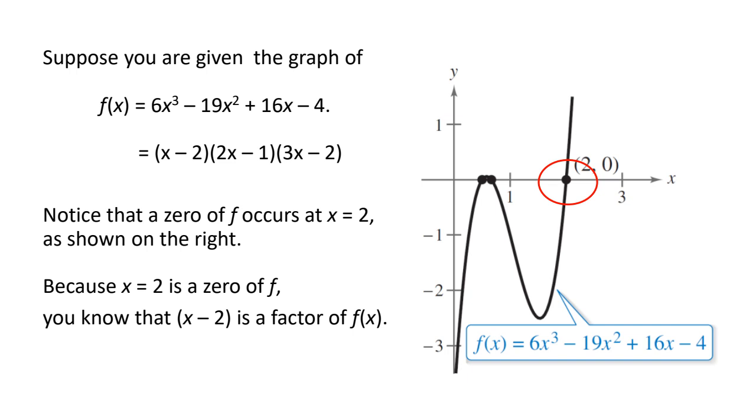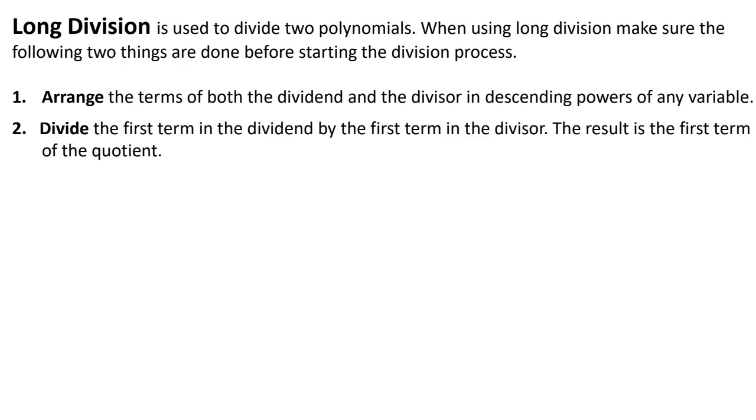Sometimes the functions are easy to either factor out or simplify to get these zeros, but sometimes it's not that easy. So that's where division is going to play out.